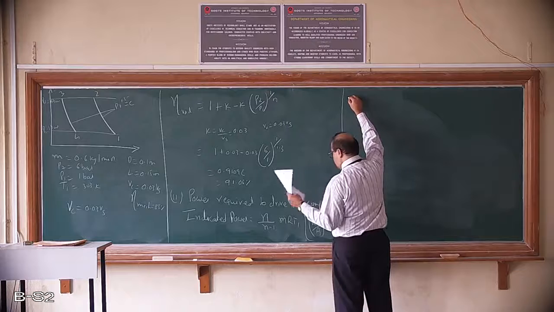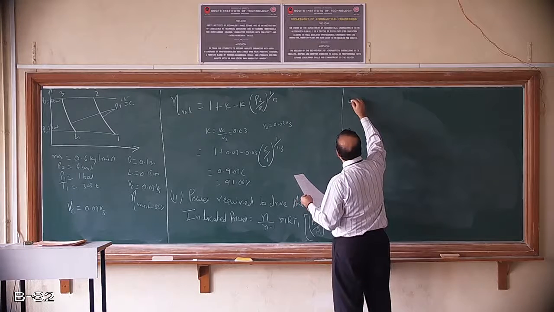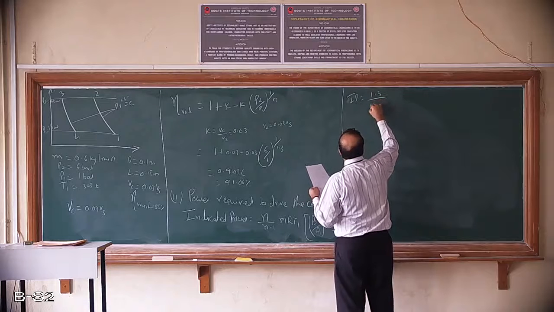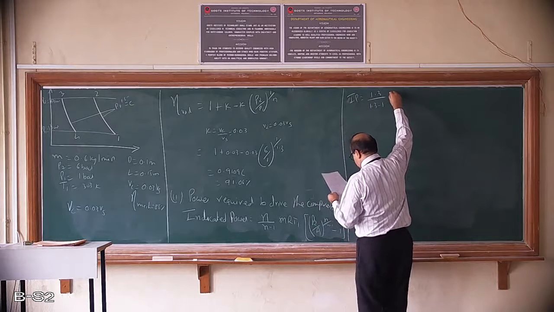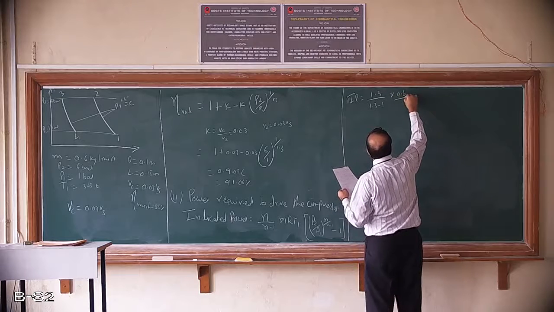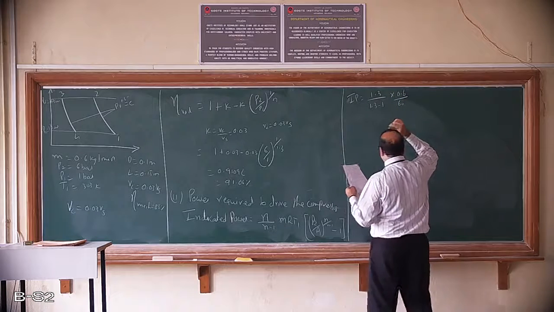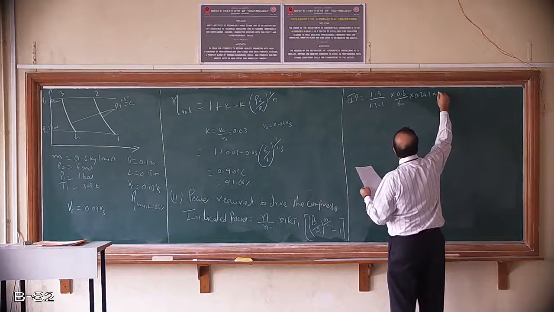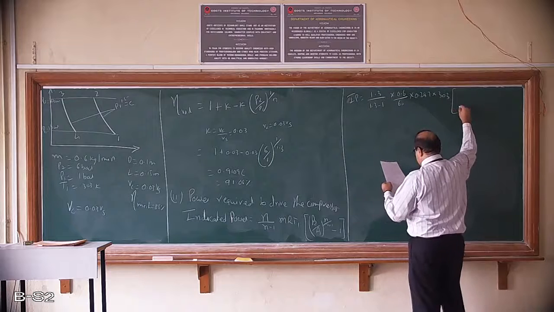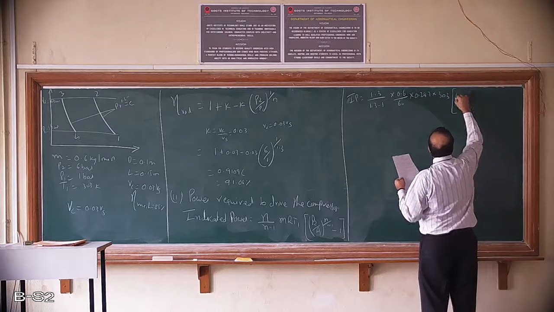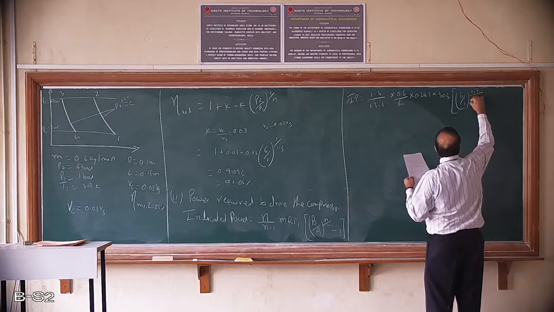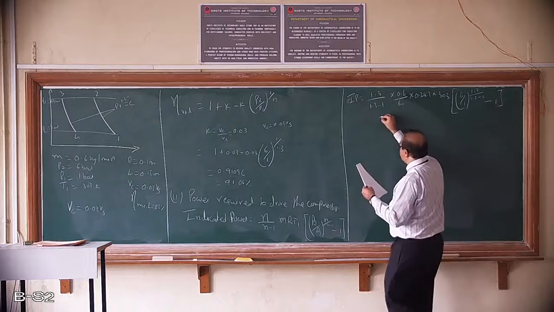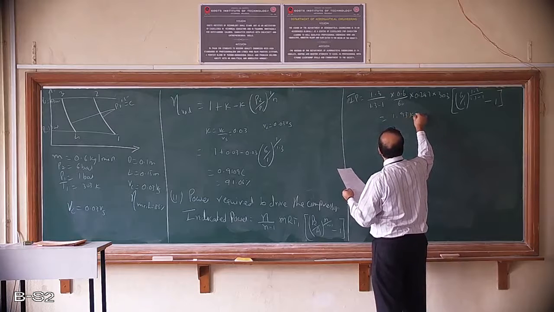So substitute: IP is 1.3 by (1.3 minus 1) into m, given as 0.6 divided by 60 because it should be in seconds, into R, which is 0.287, into T1, 303, into [(6 by 1) to the power of (1.3 minus 1) by 1.3 minus 1]. So we get this as 1.93 kilowatts.